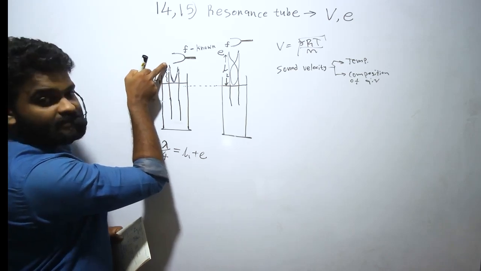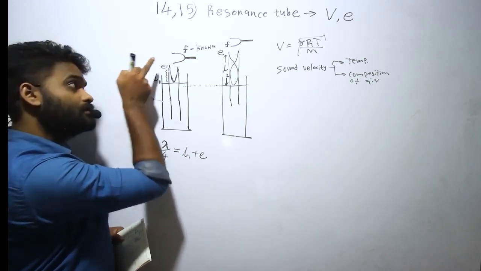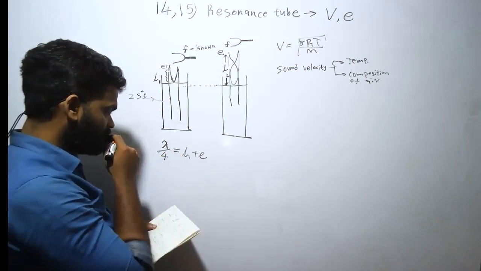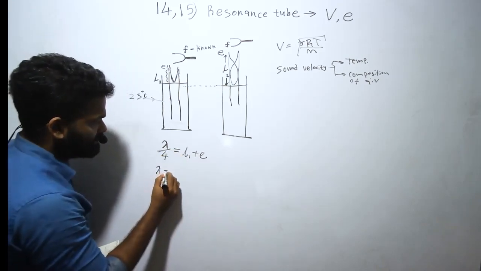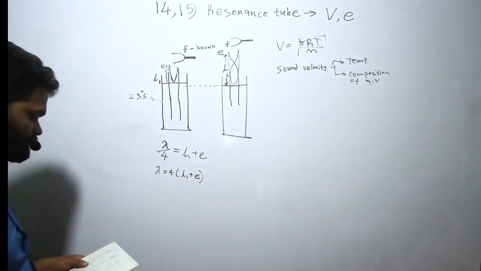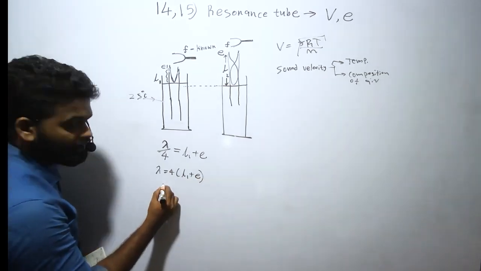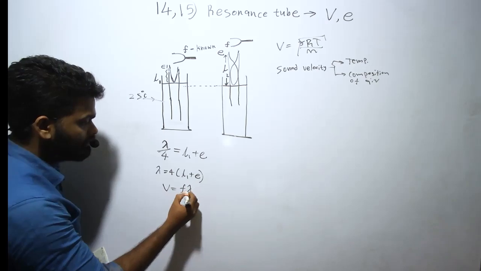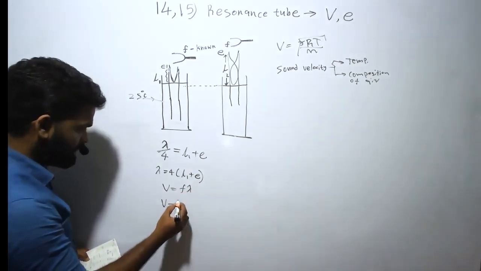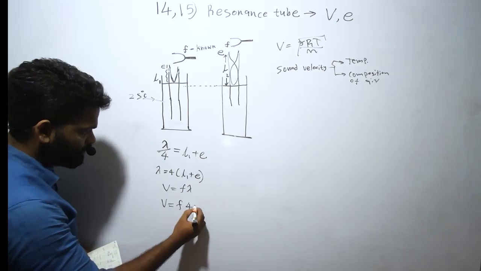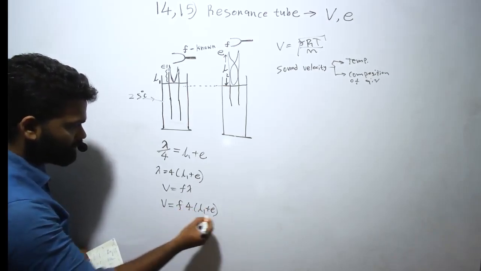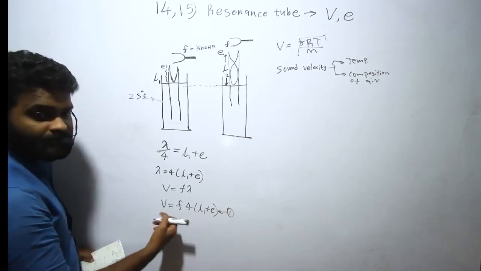You have to add the end correction there. So lambda over 4 equals L1 plus E, then lambda is equal to 4 times (L1 plus E). Then I am going to apply V equals F lambda. So V is equal to F times lambda, which means 4 F (L1 plus E). So this is the equation for the first case.